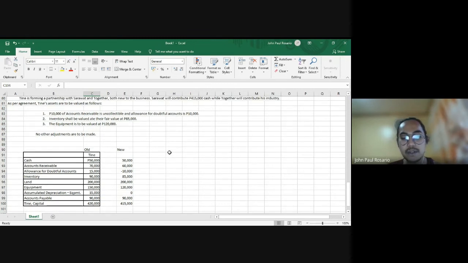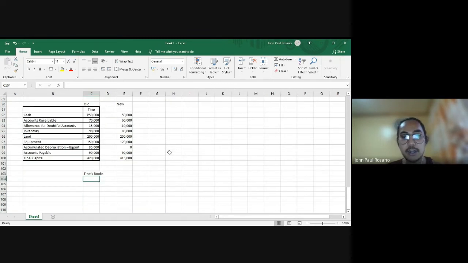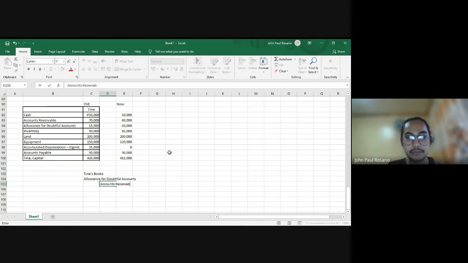When your accounts receivable is uncollectible, you have to write off your accounts receivable. And to write off, you have to debit allowance for doubtful accounts, and you have to credit accounts receivable. No expense account will be used here because when you already entered the allowance for doubtful accounts, you have already entered the expense account, which is the doubtful accounts expense.